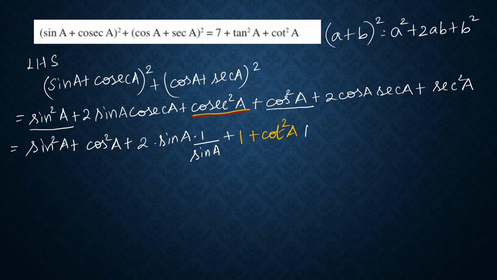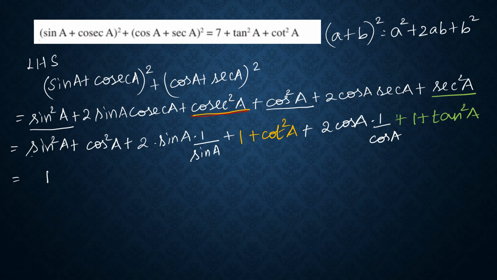Next, plus this 2 cos A into secant A, I am going to write 1 by cos A. This secant square A, that I am going to write as 1 plus tan square A. Now, sin square A plus cos square A is 1.